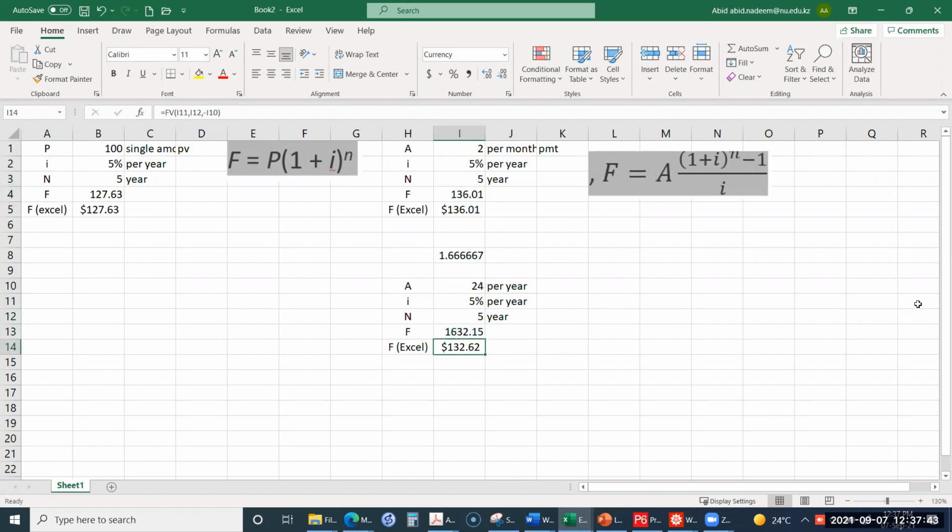But it is uniform, I mean, the interest is uniformly distributed since you divided 5% by 12. Yes, but because it is compounding every month, the amount accumulated will be more in this case.